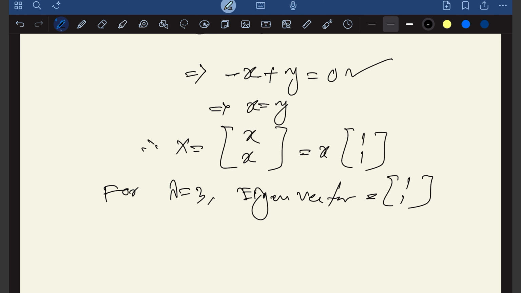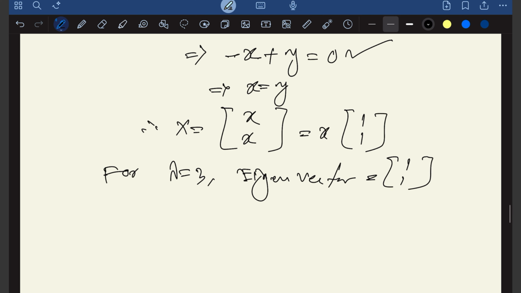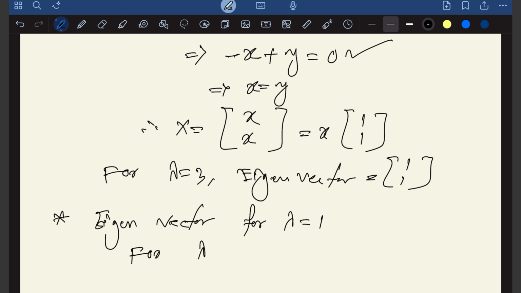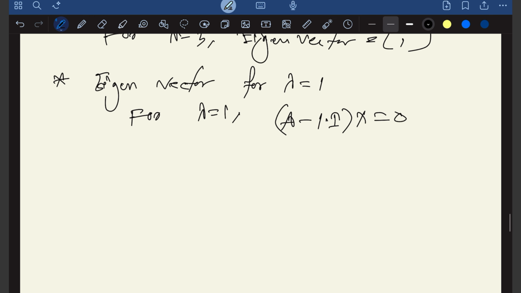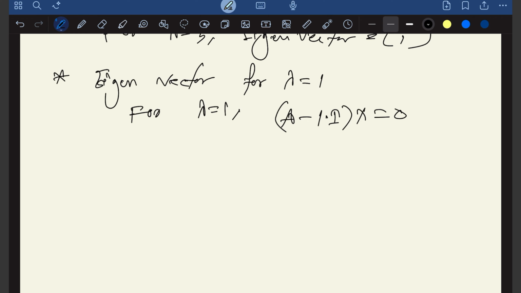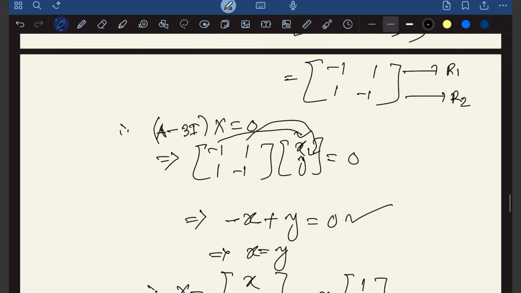Now let's find the eigenvector for lambda equal to 1. Similarly we can find the eigenvector for lambda equal to 1. So similarly, how to find A minus lambda I? For lambda equal to 1, A minus lambda I into x must be 0. So what is A minus lambda I?